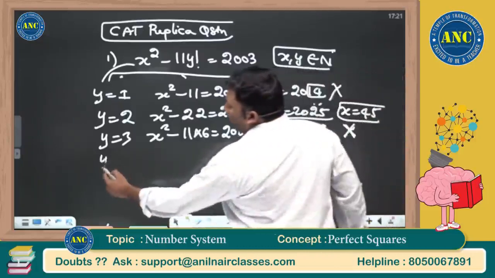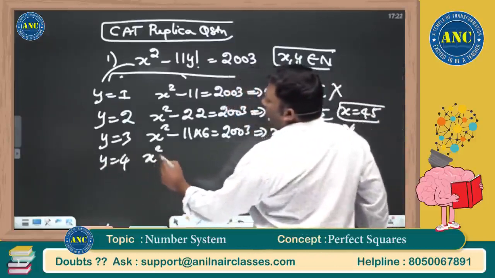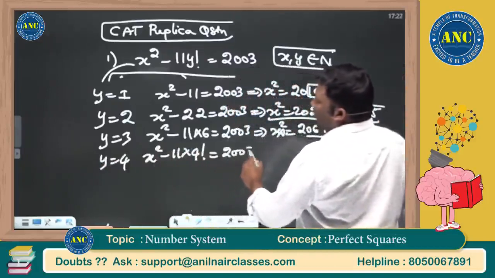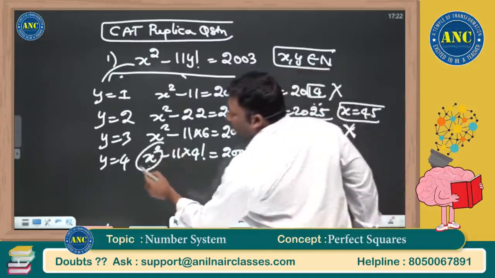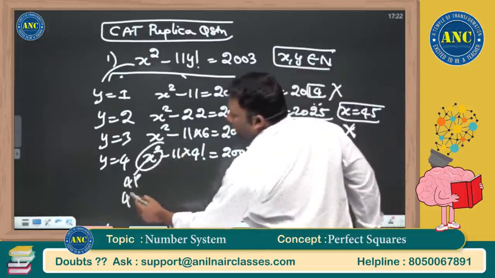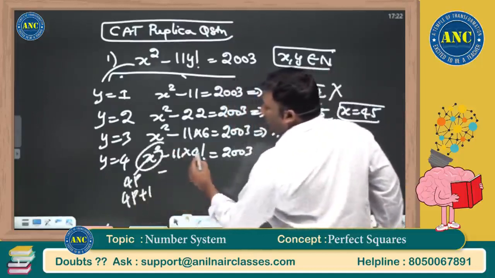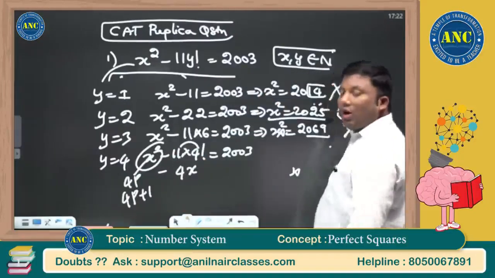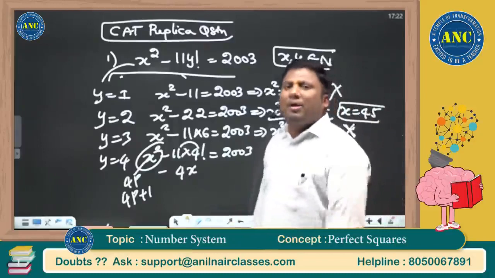Y equivalent to 4. These are nothing but x square minus 11 into 4 factorial equivalent to 2003. X square is of the form 4 into something, or 4 into something plus 1. Minus 4 into any number, it is 4 into x. Are you all with me? 4 into any number will be a multiple of 4.